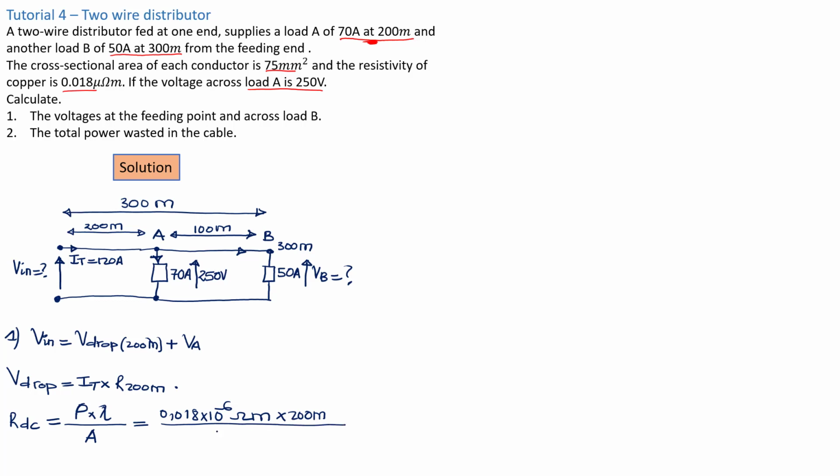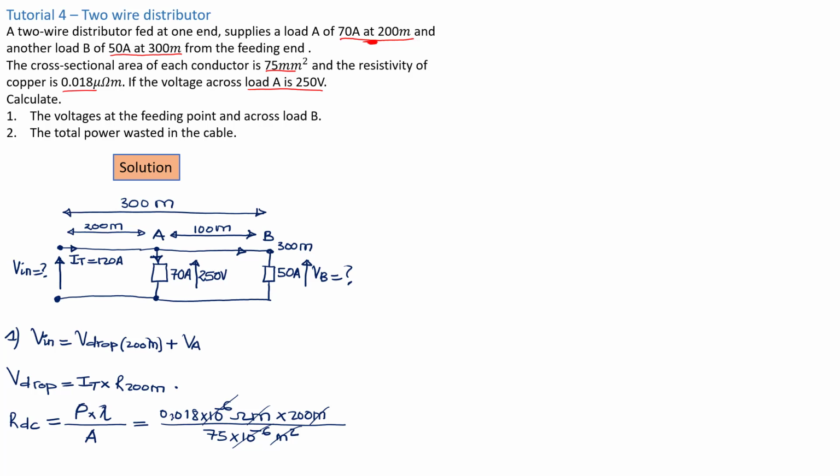Now this is divided by the area, which is 75 millimeter square, so that is 75 times 10 to the power minus 6 meter square. Now we can see that this meter and this meter will give us meter square, and they will both cancel with this meter. 10 to the power minus 6 will cancel with this one.